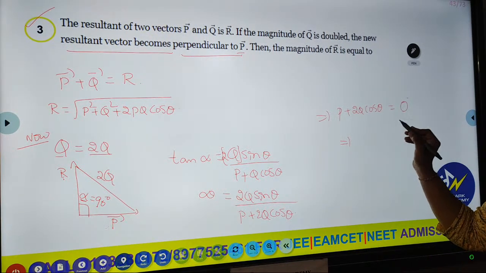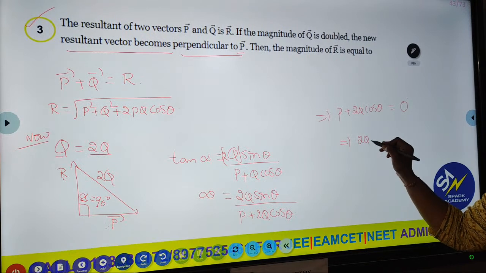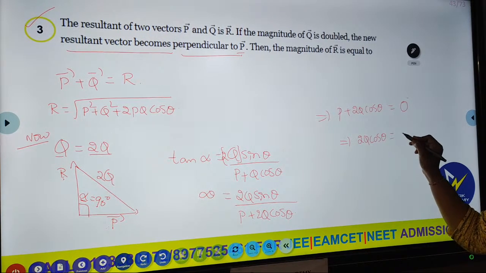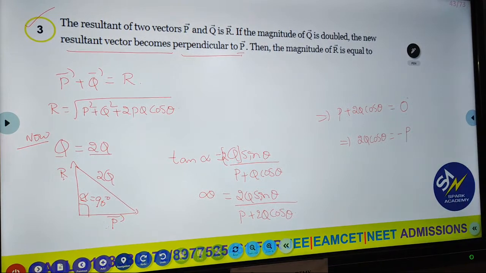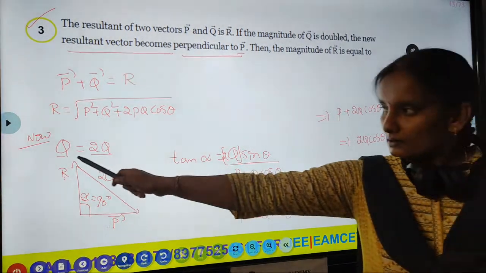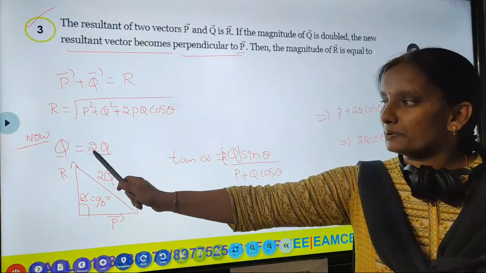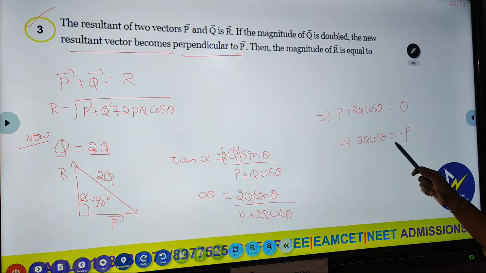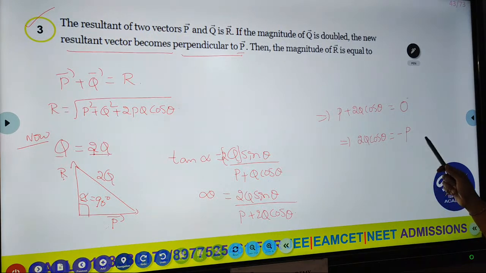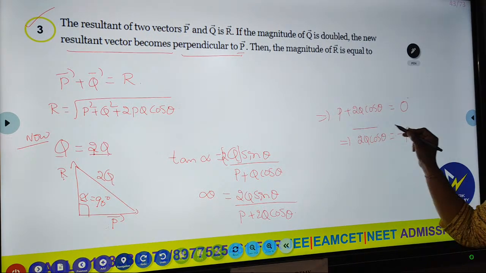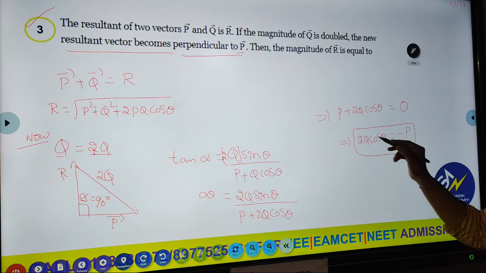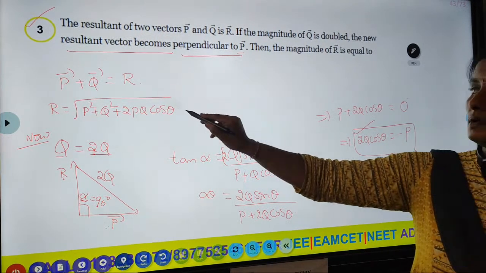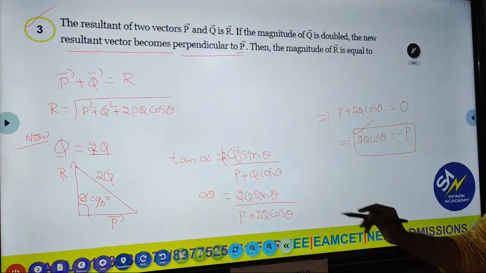Then 2Q cos theta will be equal to minus P. So when the second vector is double the initial value, 2Q cos theta we take as minus P. Substitute this value of 2Q cos theta in the resultant of these two vectors.